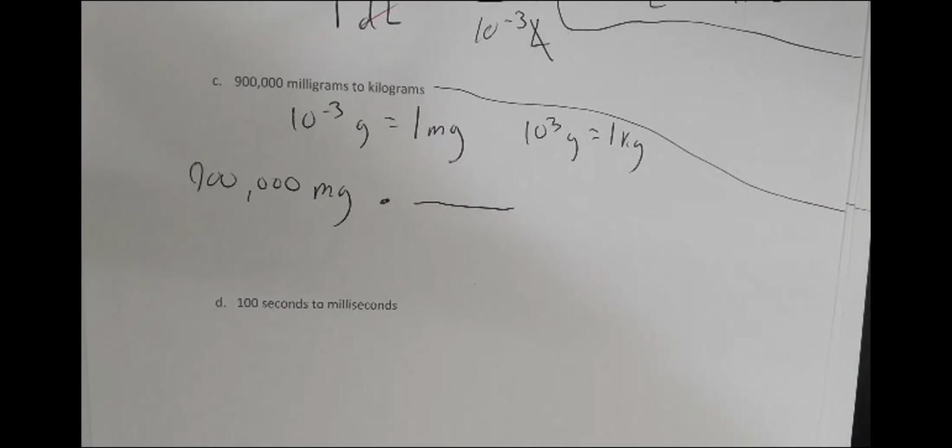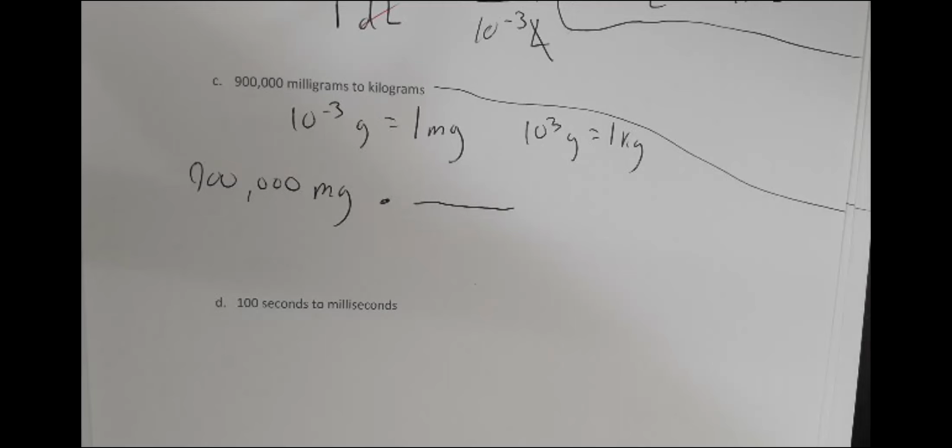900K milligrams. So how are you setting this up? You could also just acknowledge it's a 10 to the third for both of them. That also works if you know how to convert that.